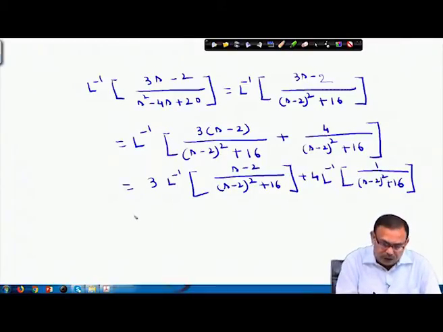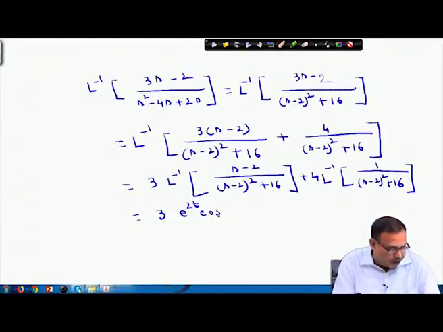L inverse of this I cannot directly bring into the form, because here you have s minus 2 in both places, therefore, e power will come. So, this is actually 3 e power 2t into the form s by s square plus 16, so it will be cos 4t.